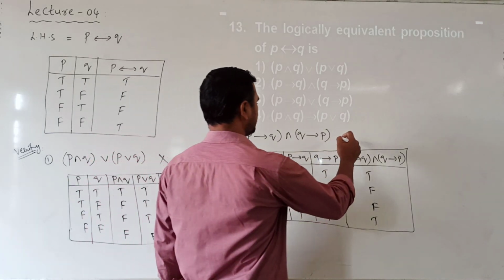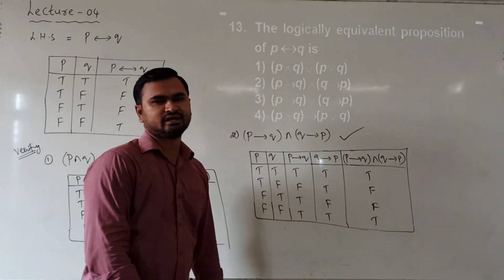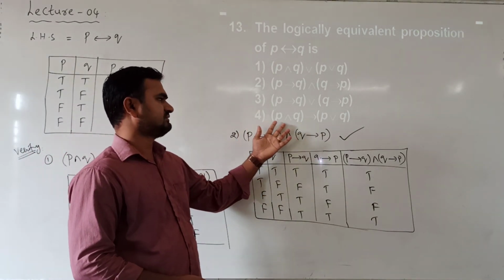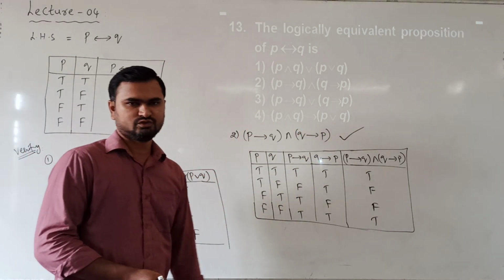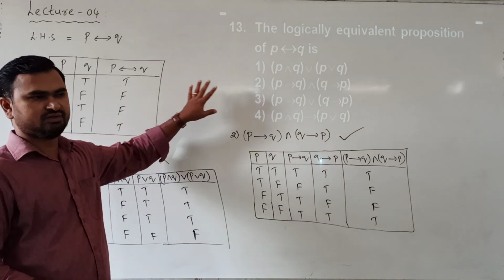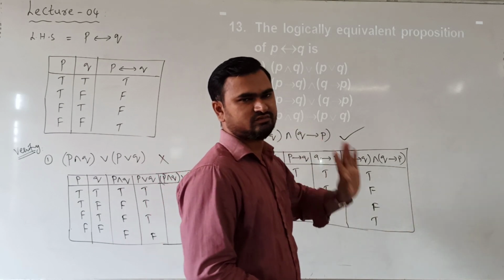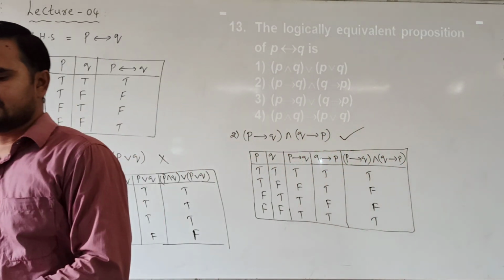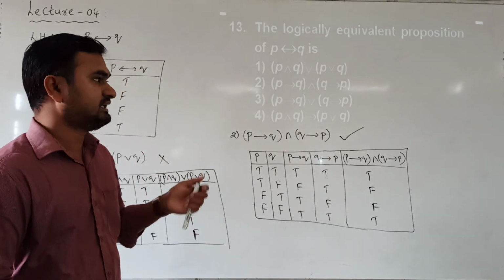So the second option is the correct answer. The third and fourth options will not be satisfied, which we can verify. Only one option will be correct, so here the second option is correct. This is one method of solving logical equivalence.